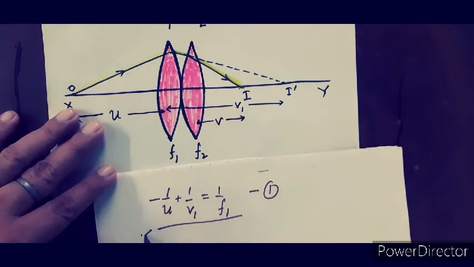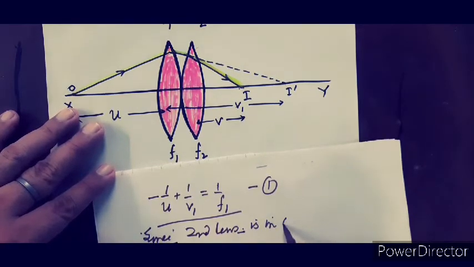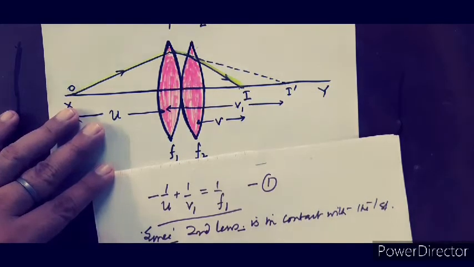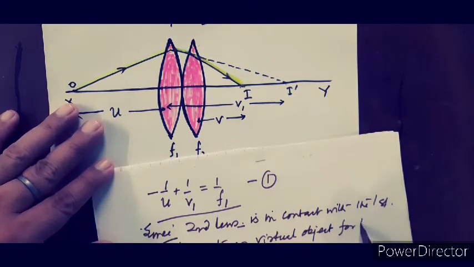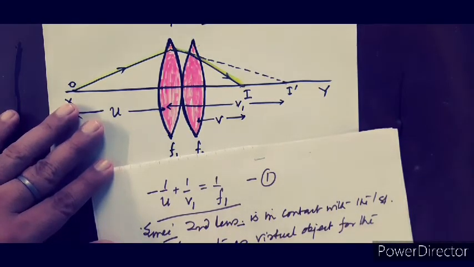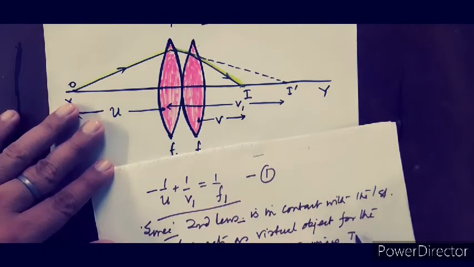Now, since the second lens is in contact with the first, I dash or I1 acts as a virtual object for the second lens, which forms the image I on the principal axis.